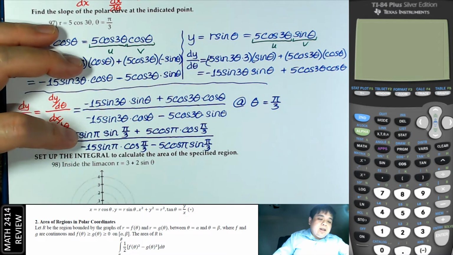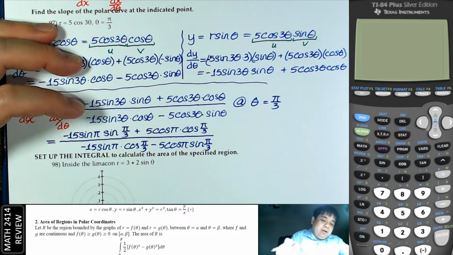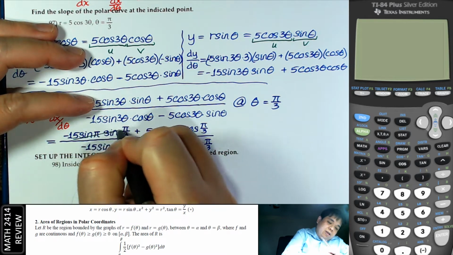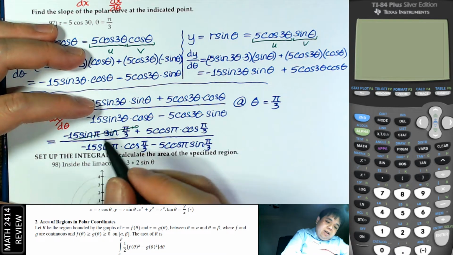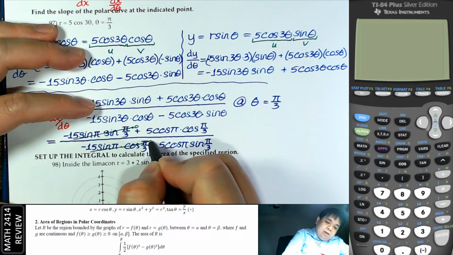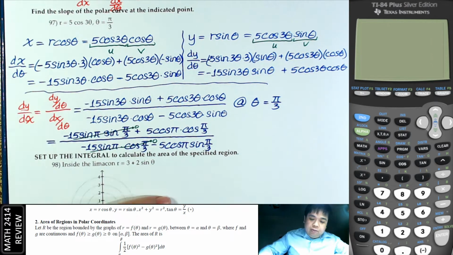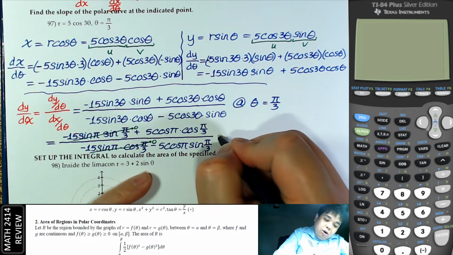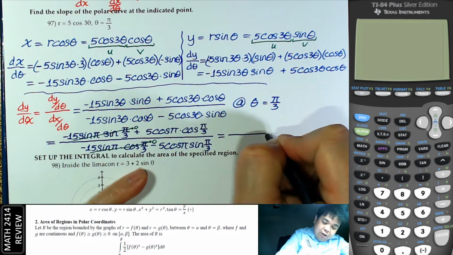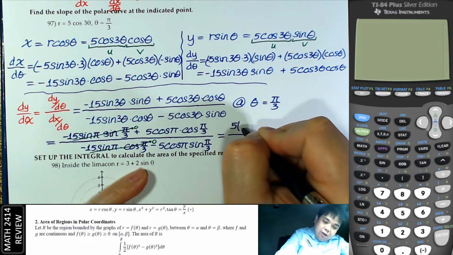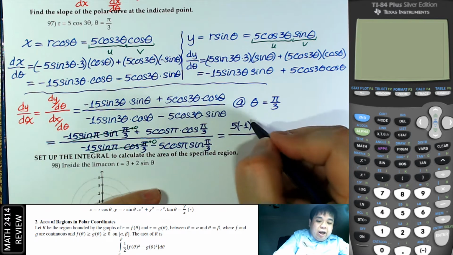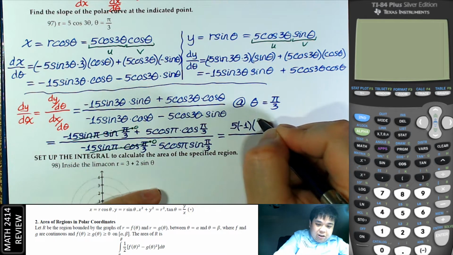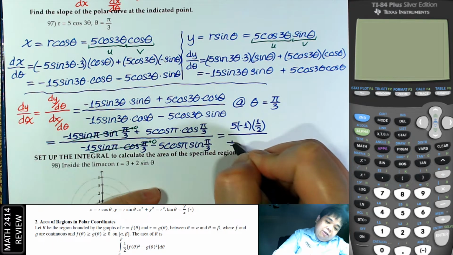Right, sine of pi, that's sine of 180 degrees, that's 0. So this will go to 0. Once again, sine of pi, 0. And cosine of pi is -1. So we have 5, -1. Cosine pi over 3, that is 1/2. And then we have -5, -1.